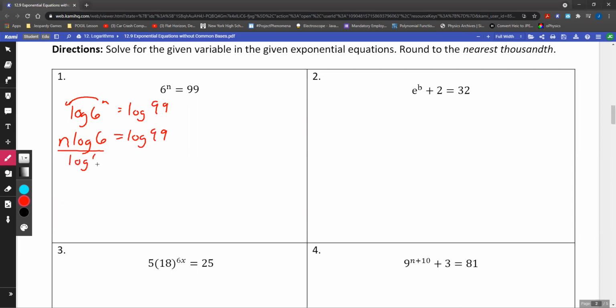Now, since I want to get the n by itself, I can divide both sides by log 6. We're doing it to the nearest thousandth, so this becomes log 99 divided by log 6. And we get n equals 2.56. Oh, wait, sorry, 6.5.